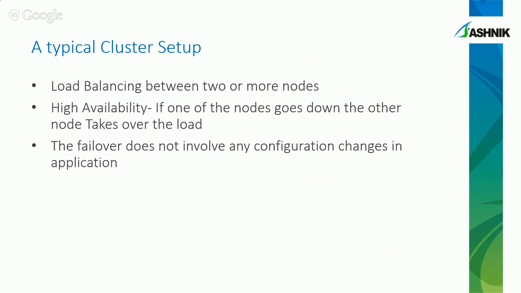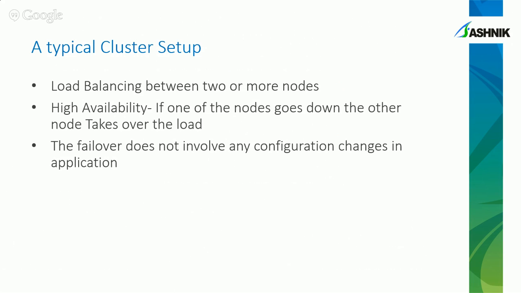Also, if you want to do any kind of planned outages, for example, if you are applying any patches, or any kind of OS upgrades, in those cases you would want to do it at one of the nodes at a time. And that is why people set up high availability clusters so that they can cater to planned and unplanned outages.